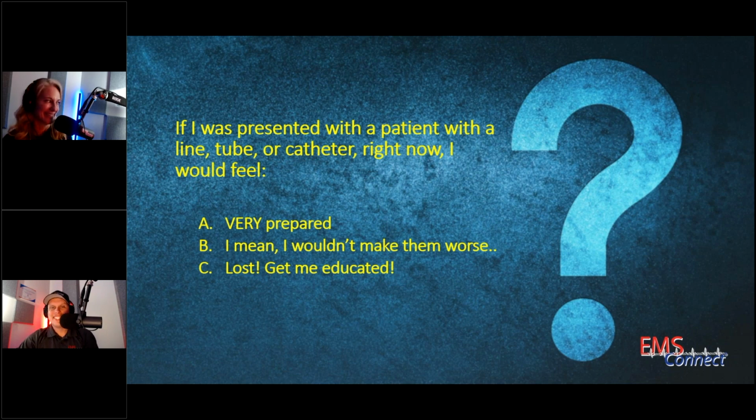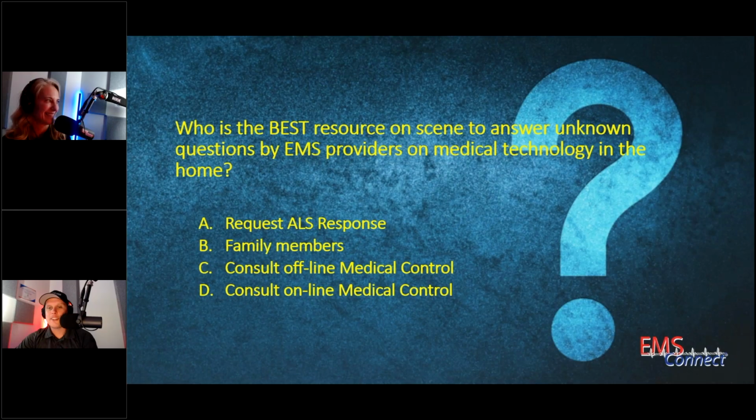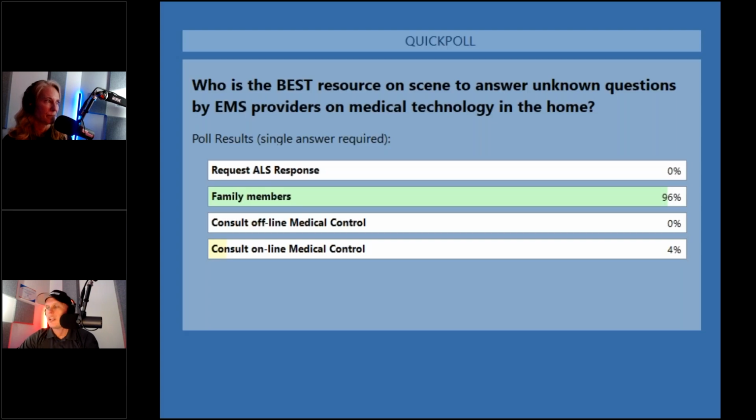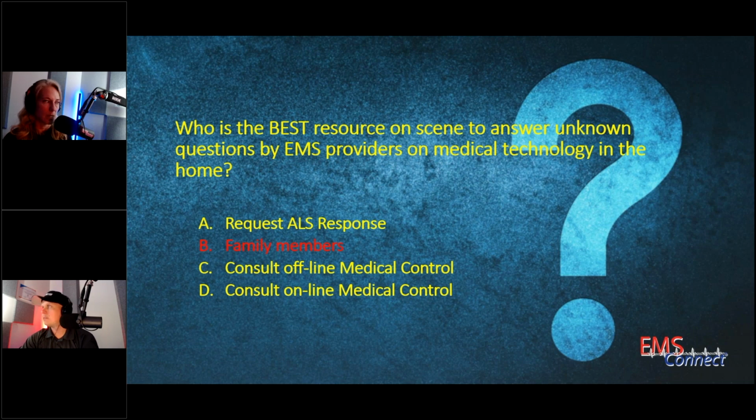So what is the best resource on scene to answer unknown questions that we have as providers for medical terminology? Most of us are probably going to agree that it's our family members. Well, absolutely. There's no pride or ego in the game, and nobody knows how to use these catheters, tubes, and lines better than the patient or their family members. I ask all the time, which line works?